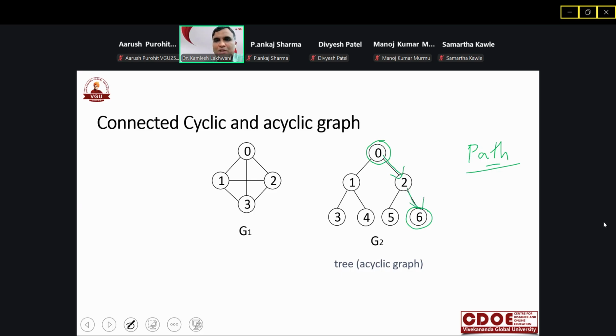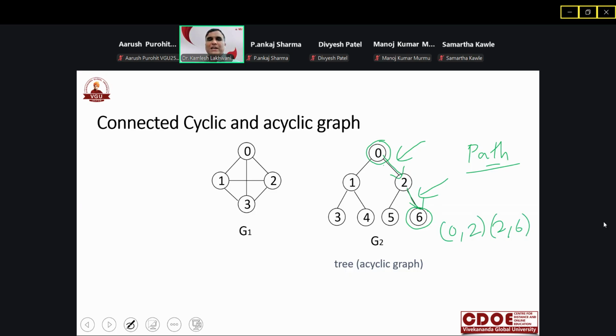The number of edges in this path gives the path length. So the path between 0 and 6 is 0 to 2 and 2 to 6. By this path, I can start from 0 and reach 6.